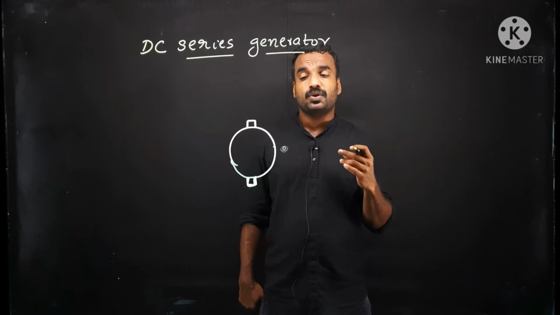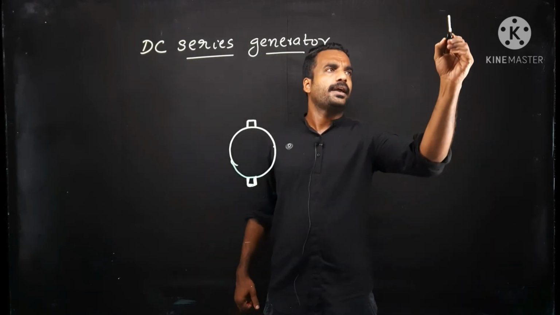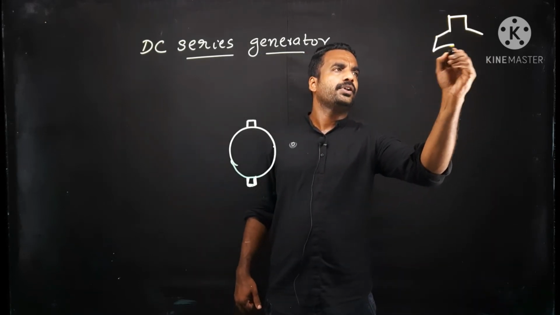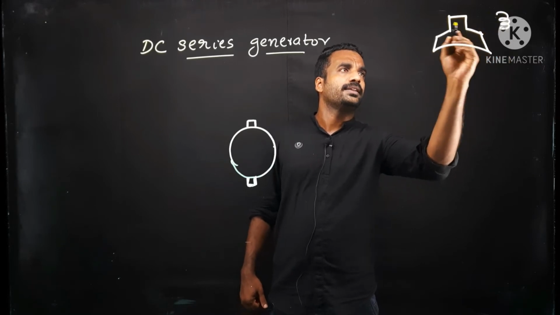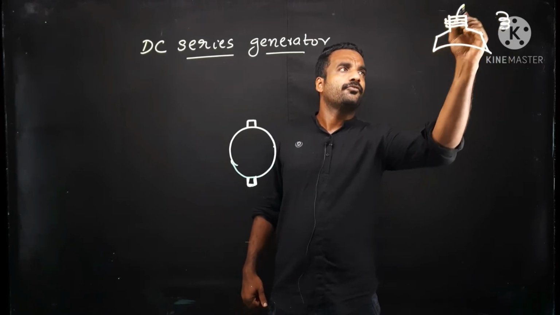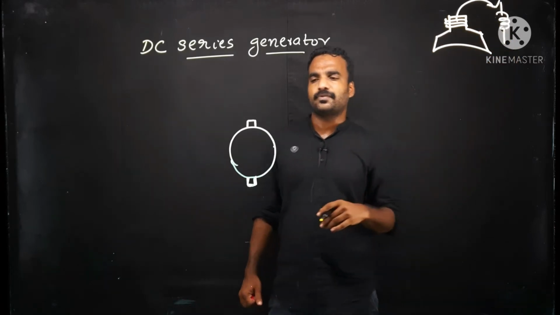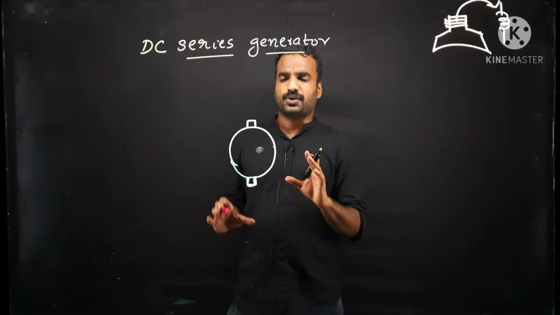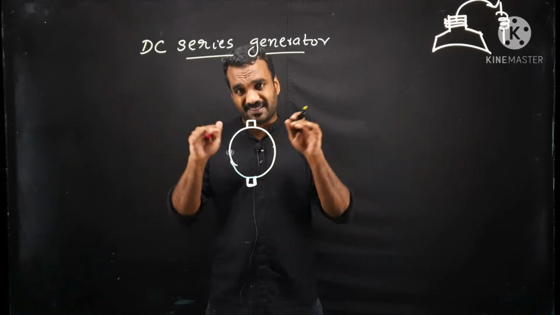But we have to draw the winding corresponding to that. For representing a pole, we don't draw the pole, but we will draw the winding. Which winding? We will draw the field winding like this. That is the concept of electrical equivalent drawing. So inside the rotor, we know armature windings are there.